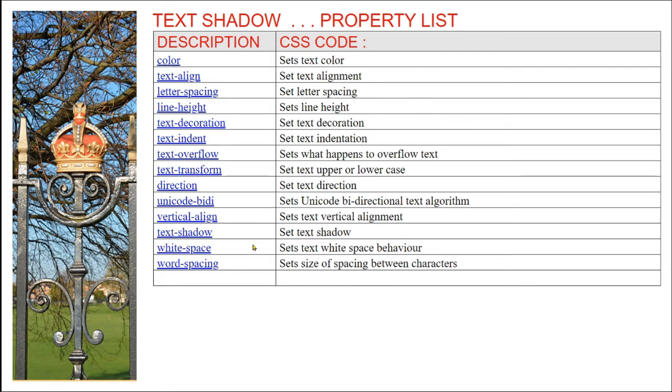If you have white space between your words, normally that would cause the text to wrap in your container. But if you just want it to carry on straight without wrapping, you can say no wrap, and that will stop the text wrapping. Word spacing, you can set the amount of space between each word.